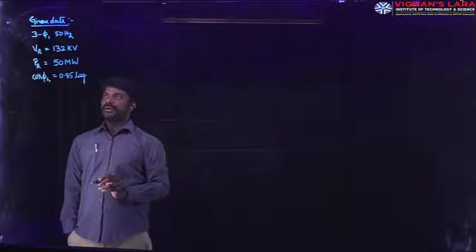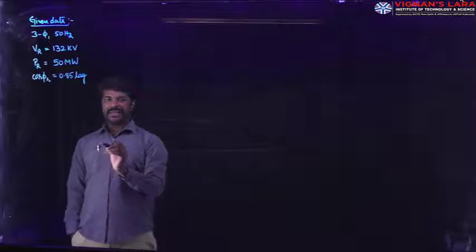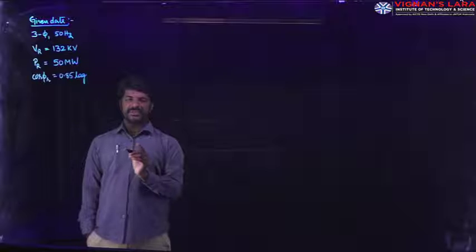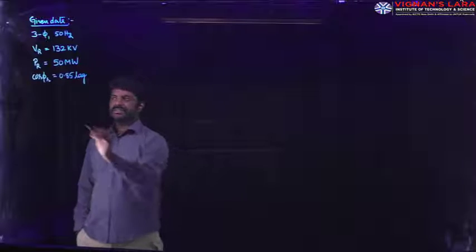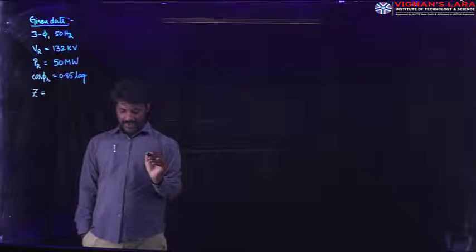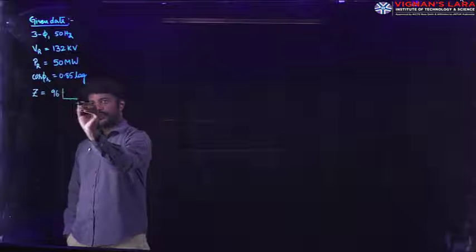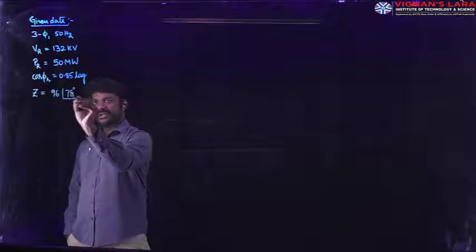So these are the quantities on the receiving end side, and the transmission line is characterized by its series impedance and shunt admittance. The series impedance is called Z, given with a magnitude of 96 ohms, which makes an angle of 78 degrees.